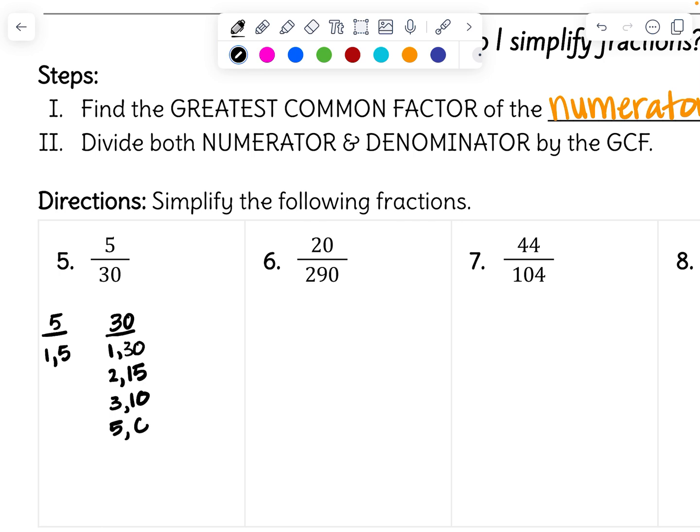So 5 and 6, and there's no numbers between 5 and 6, so I'm done. So the largest number that they have in common is 5. So 5 is my GCF, and I'm going to divide the numerator and the denominator by 5.